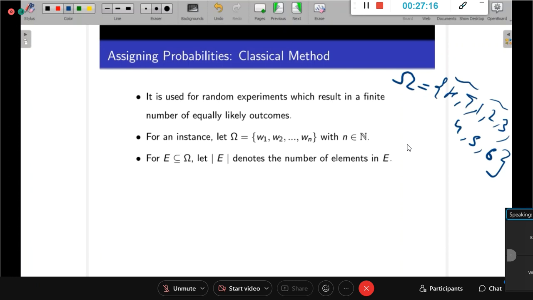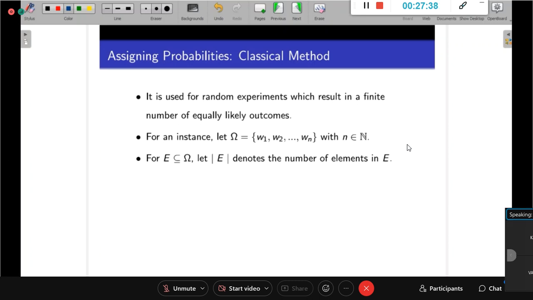Right. Now let's move here. Once we know the definition of sample space and event, let's define the classical method, which you have learned during your +2 session as well.